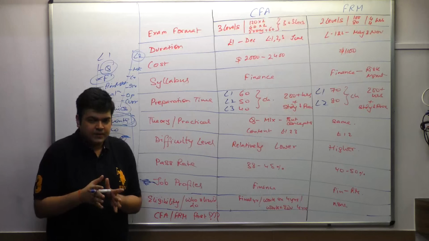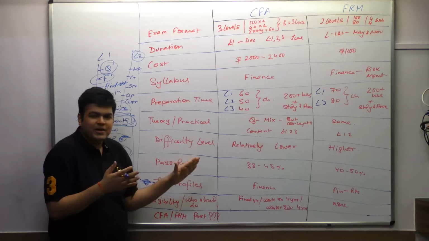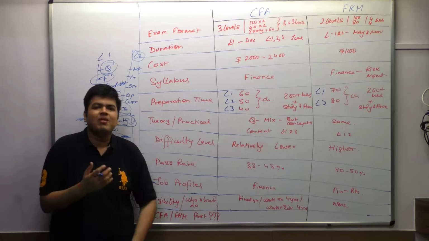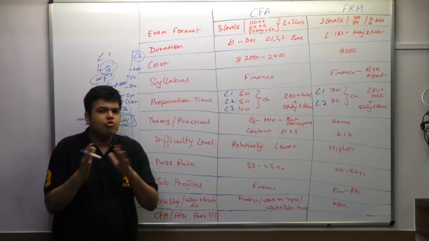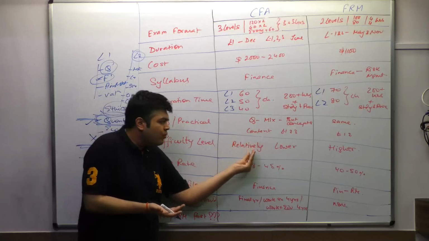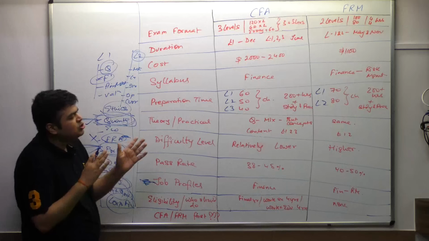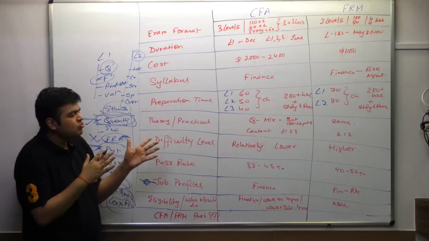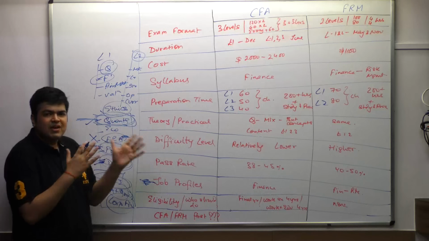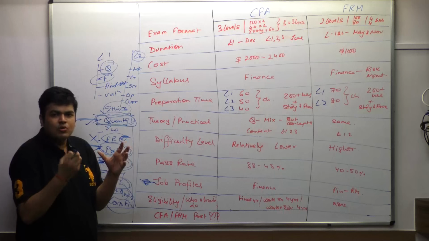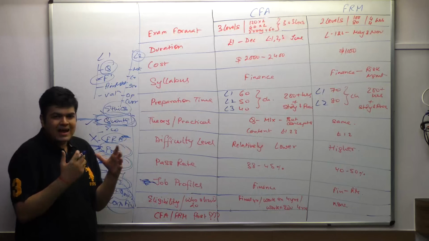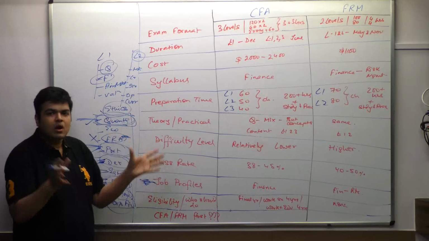very, very low difficulty. Now when I compare CFA with respect to FRM, I would believe CFA would be relatively more difficult, but it would be a little wrong to say it that way. CFA level 1 would be less difficult as compared to FRM level 1, and FRM level 2, I cannot compare with level 2 CFA and level 3 CFA because they're very different. FRM level 2 will have more subjective content, less numerical, and it's a little extensive content, and it's more around the banking area.